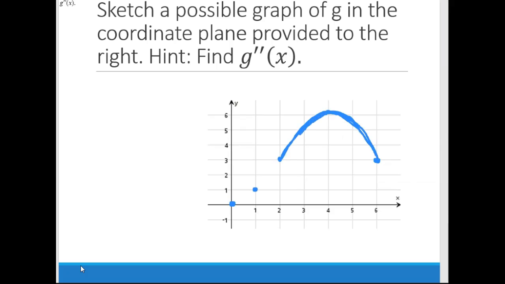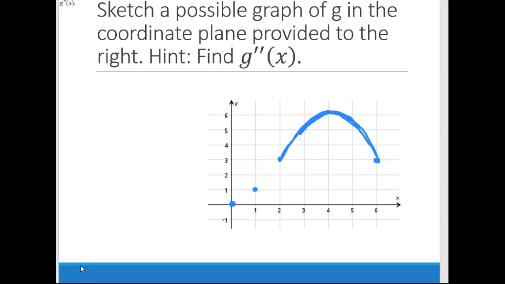So if you went back and you talked about that original graph, if the graph of f represents g prime, if g prime is decreasing, then my original graph will be concave down.